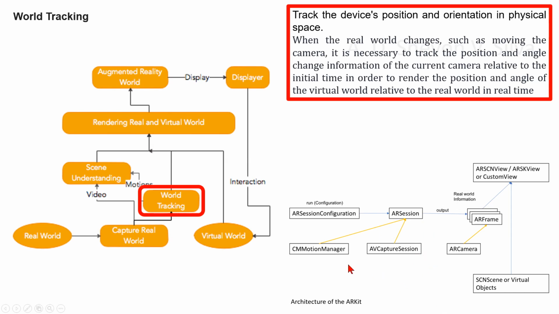And here the world tracking is used to provide effective information for the combination of real world and virtual world, so that we can see a more realistic virtual world in the real world.